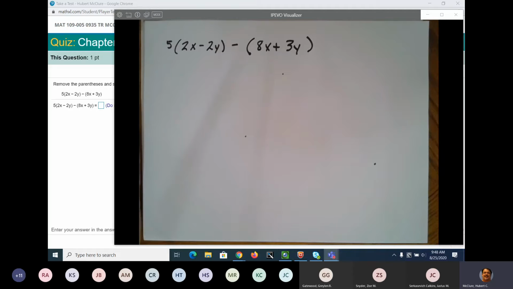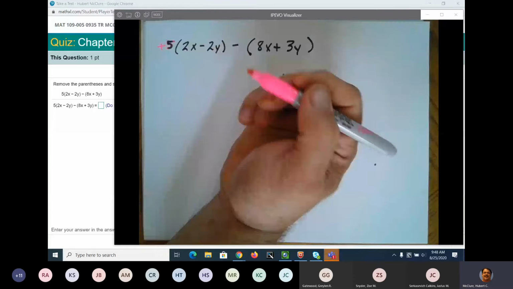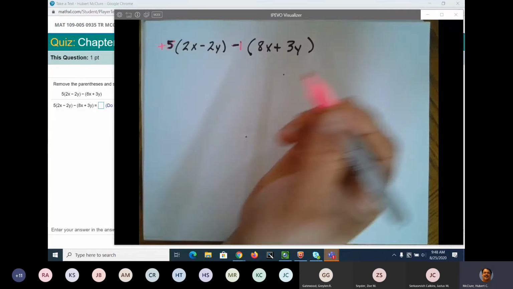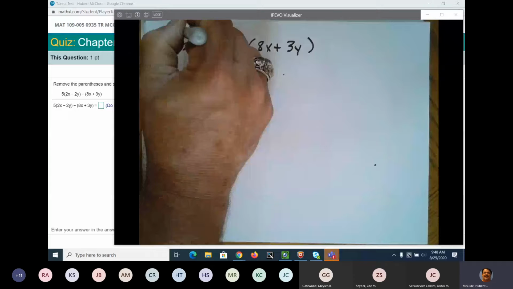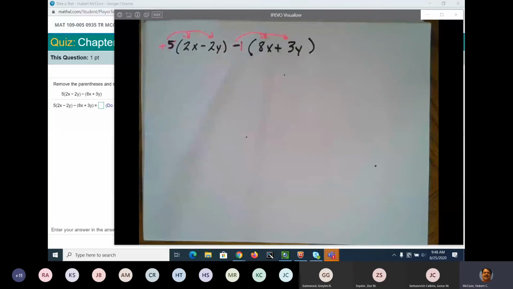All right, so here we go. We got this positive 5 right here, outlined in pink, and we've got this negative 1 right there. So I'm going to distribute that positive 5, and I'm going to distribute that negative 1.